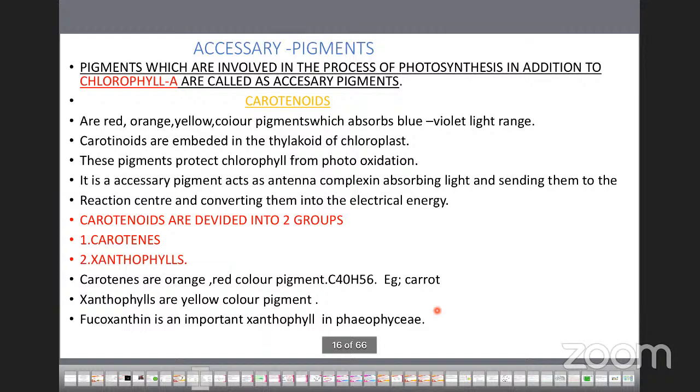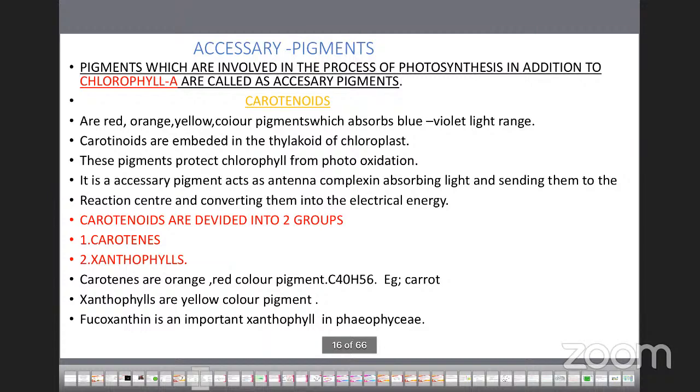Xanthophylls are yellow color giving pigments, and yellow-appearing parts and structures contain xanthophylls. In xanthophylls, fucoxanthin is an important pigment, especially found in Phaeophyceae members. This is about the carotenoids.